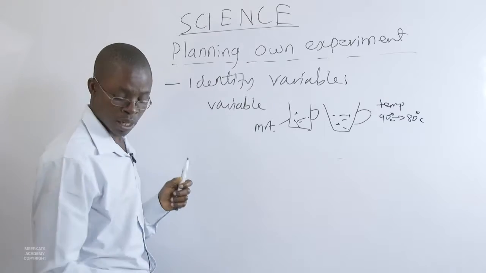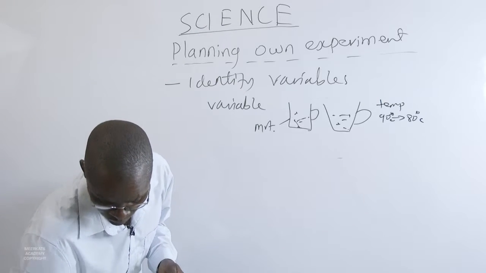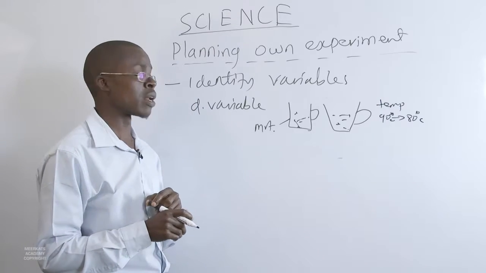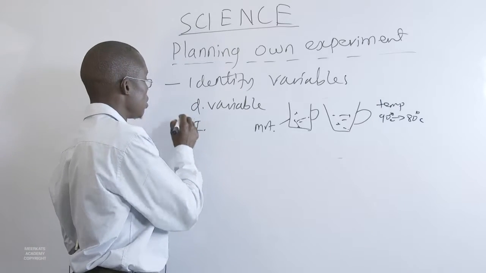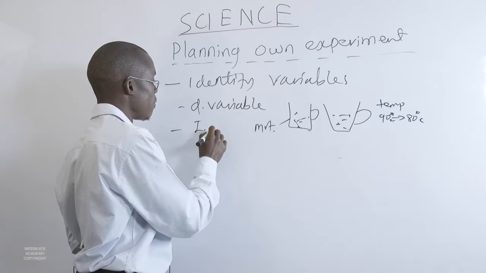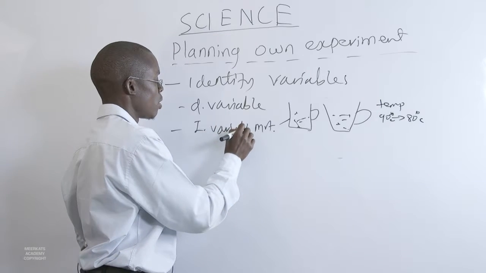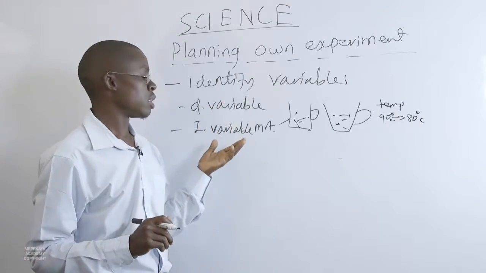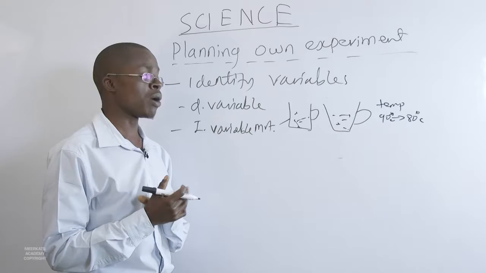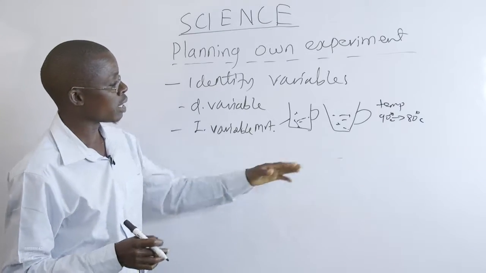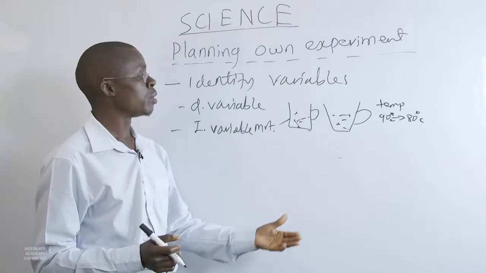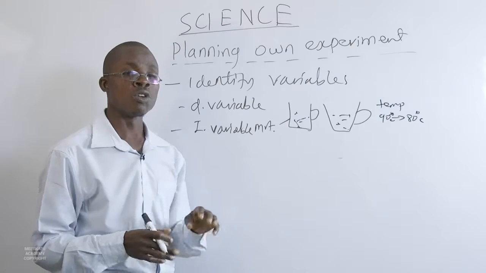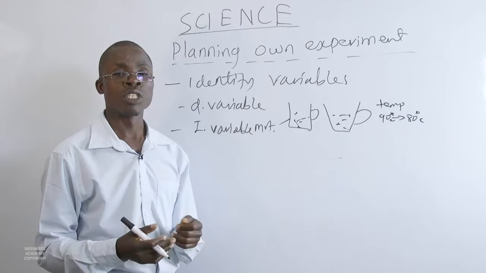So we have here, I will use D to mean dependent variable and I to indicate independent variable. We have a dependent variable and independent variable. I've just talked about a dependent variable, and an example here is temperature, which was depending on so many other aspects for it either to drop very fast or to drop slowly.